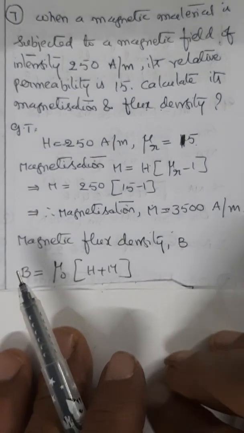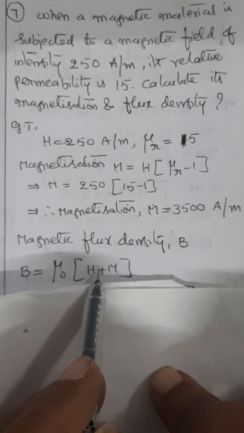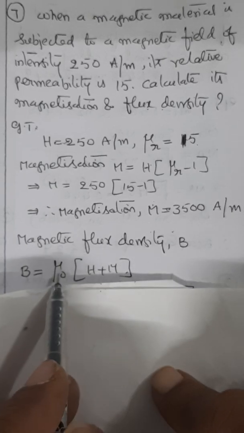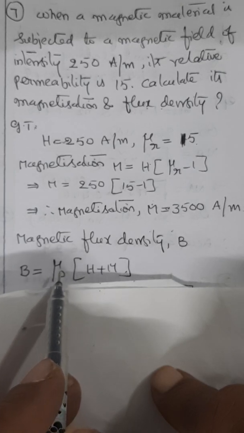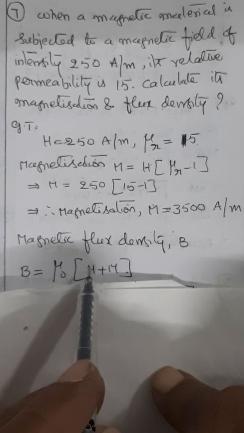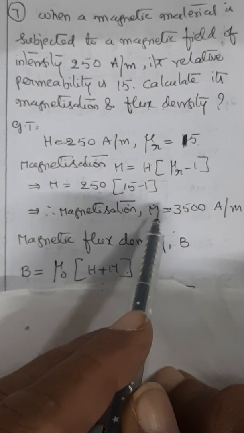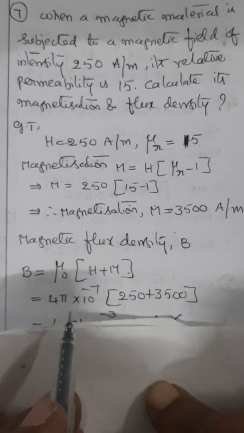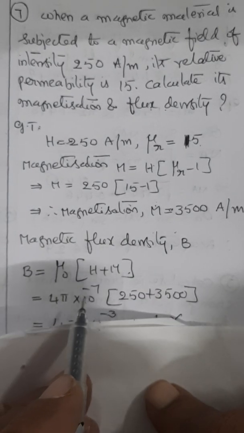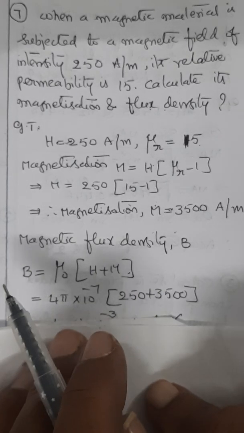So this is the value of B. B will be mu naught into H plus M, where mu naught is the permeability of free space, equal to 4 pi into 10 power minus 7. H value is already given, 250. Just now we computed magnetization M value as 3500. So therefore, B value will be 4 pi into 10 power minus 7 into 250 plus 3500.